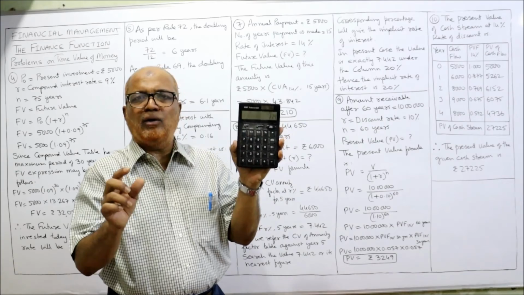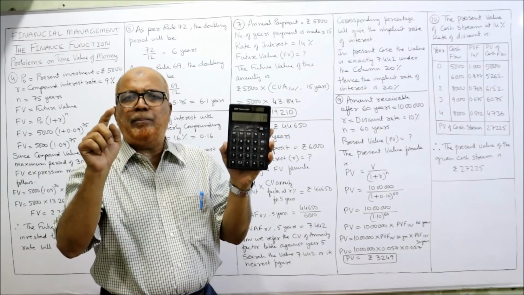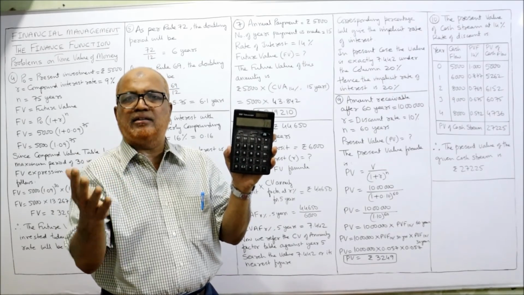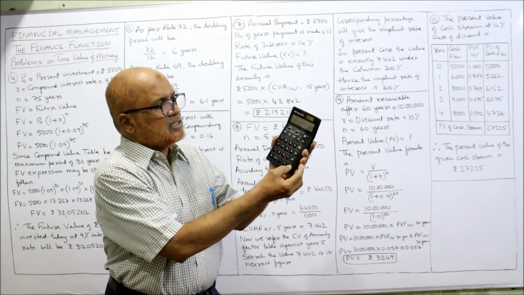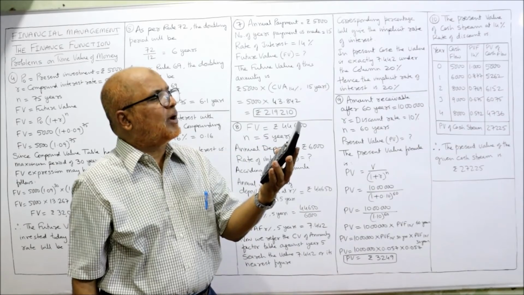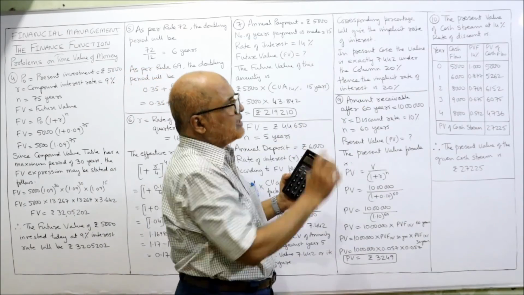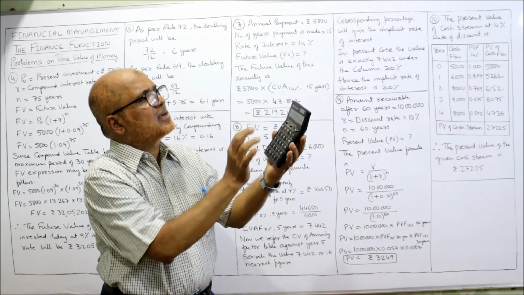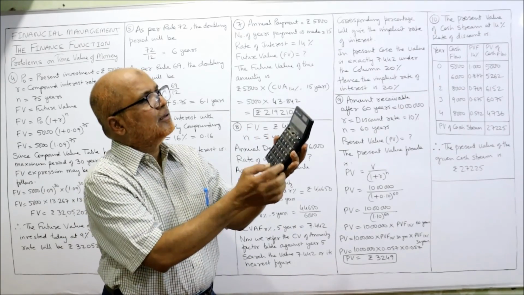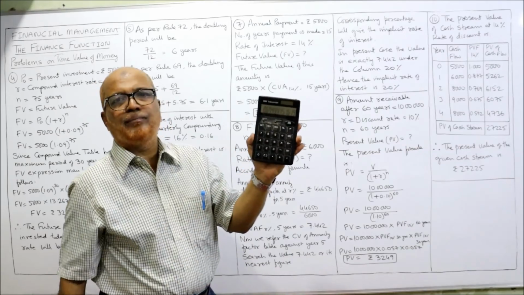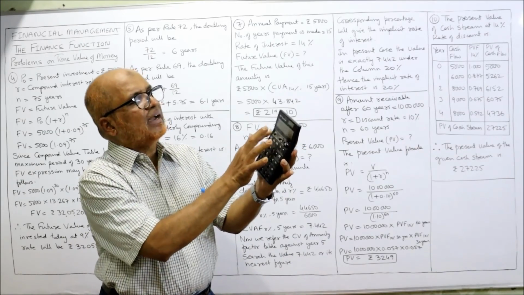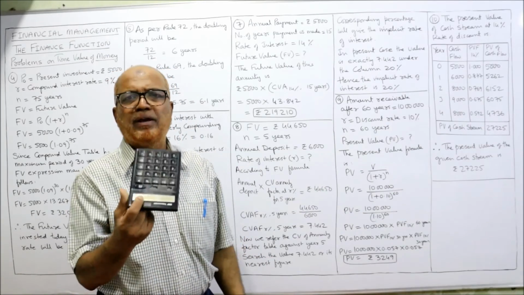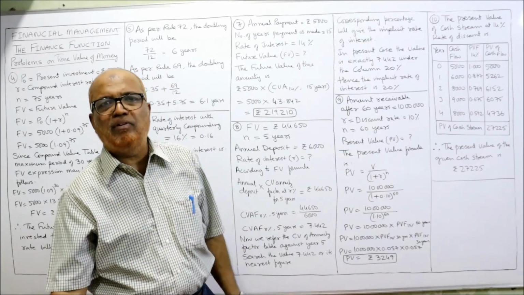Simply press equals: first year 0.877. Press equals again for second year, 0.769. Third year 0.675. Fourth year 0.592. Whether you use a simple calculator or the PV table, it is the same.